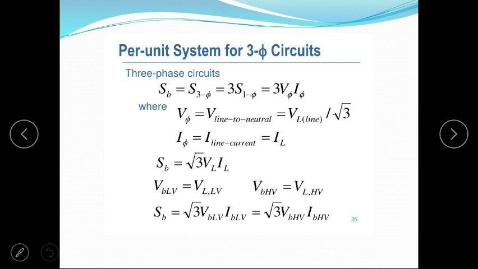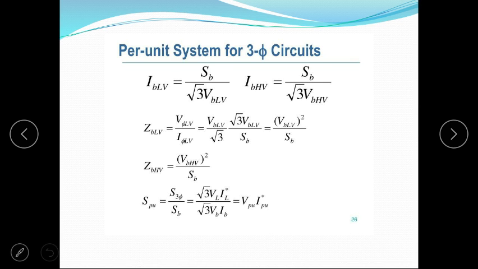So S base is root 3 VL IL, where VL is line voltage and VH is HV side voltage. So S base is equal to root 3 VL IL, that is equal to root 3 VH IH.